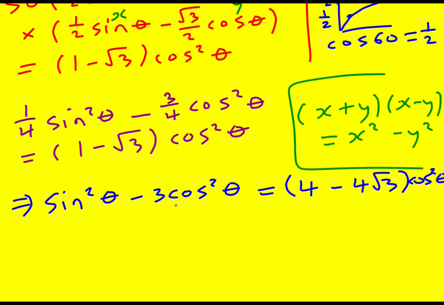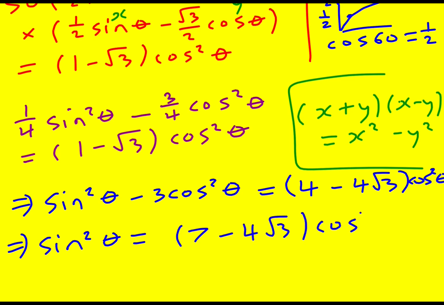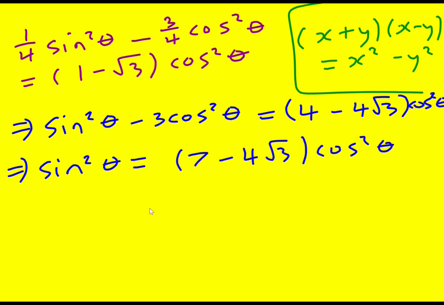And then if I add this 3 cos squared theta to both sides, so before I do any identities, just try and get it as simplified as possible. I'm going to get 7 minus 4 root 3 cos squared theta. Now I don't need to do 1 minus cos squared is sine squared, for example. I have sine squared on the left hand side and cos squared on the right hand side, so I can divide through by cos squared, which gives me tan squared.